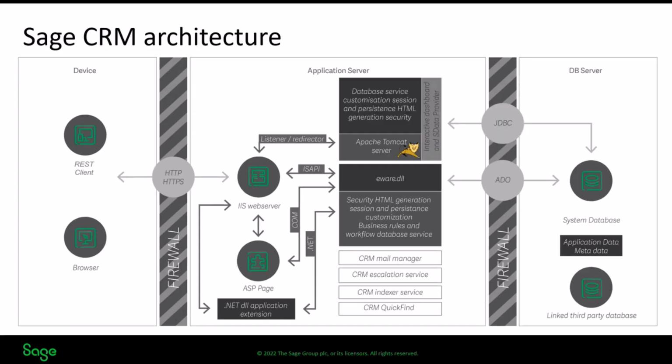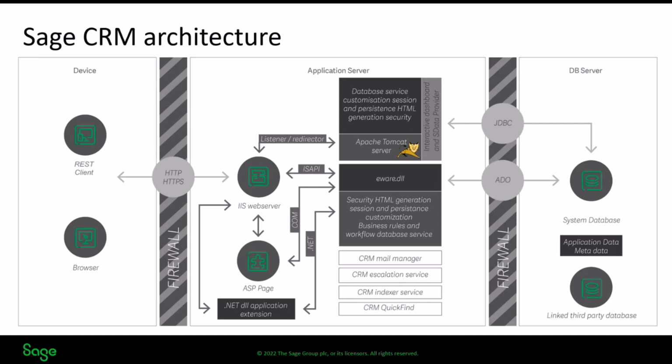We've added more elements into this because, as I said, in version 7 we added a new layer of behavior as we started to explore new ways of working with Sage CRM, and this is through the addition of Tomcat.